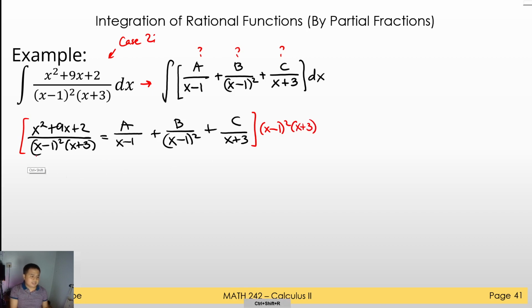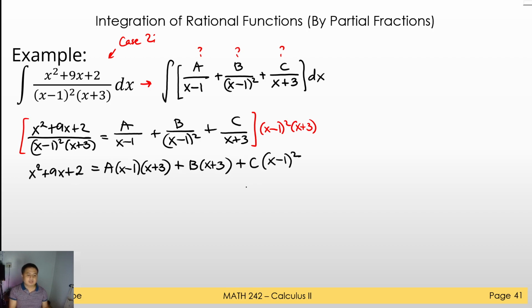Simplifying would cancel out the denominator on the left-hand side, so what remains is this expression. For the first term, we can cancel out a single x minus 1, so we have a times x minus 1, x plus 3. For the second term, we can cancel out all of this, so it will be just b times x plus 3. And for the last term, we have c times x minus 1 squared.